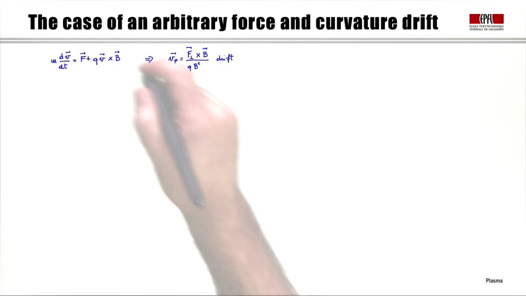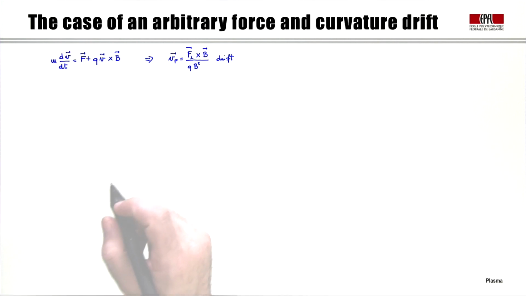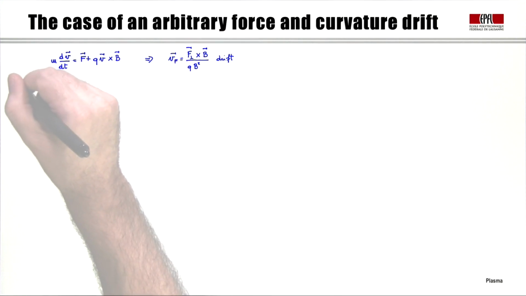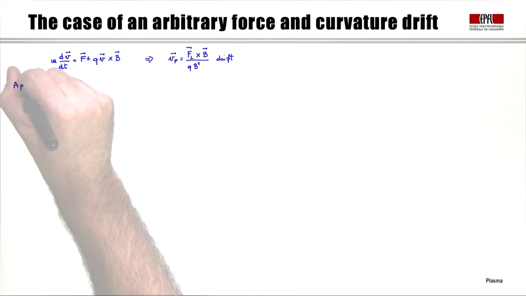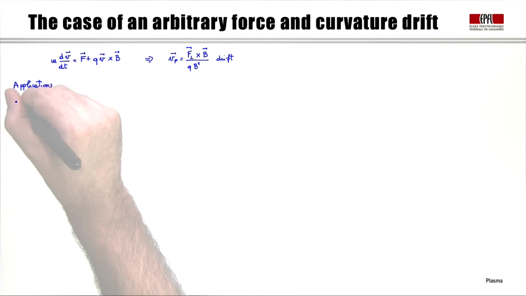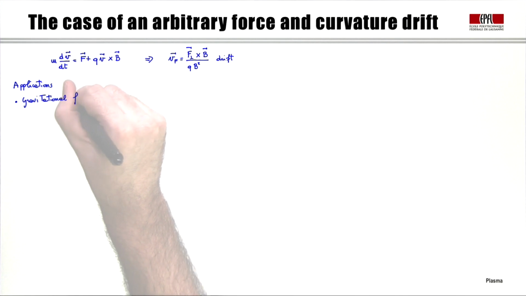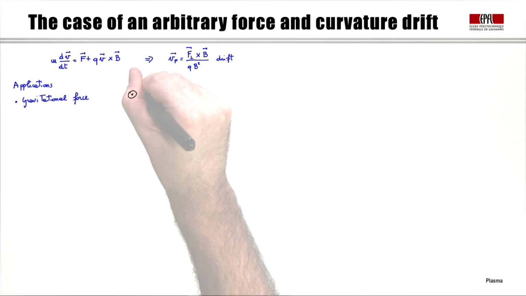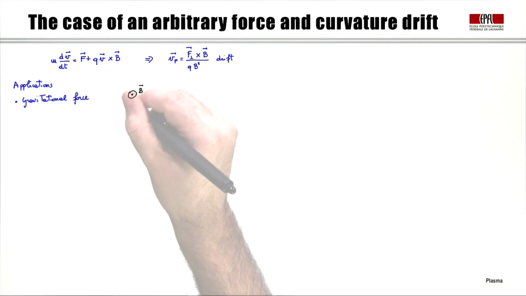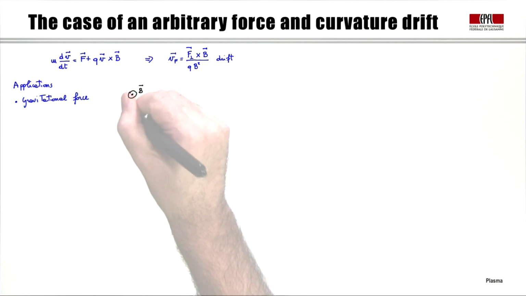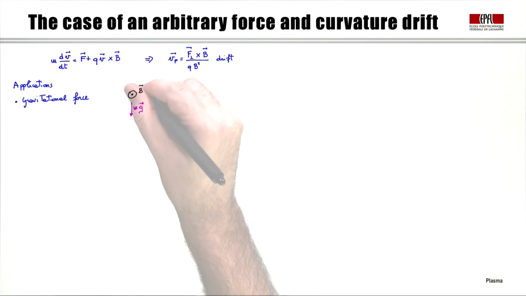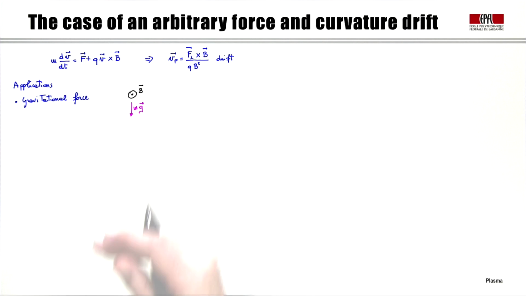So let's see a couple of applications of this drift that we have introduced here. The first one is the case of the gravitational force. Let's suppose to have a magnetic field pointing out of the plane, and then a gravitational force in this direction. Will the plasma fall?